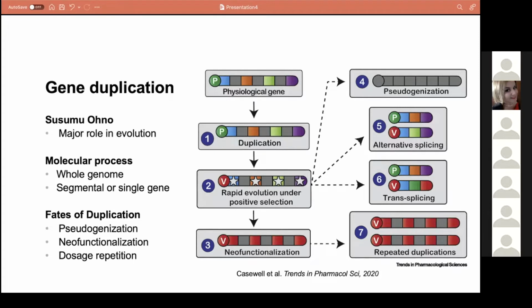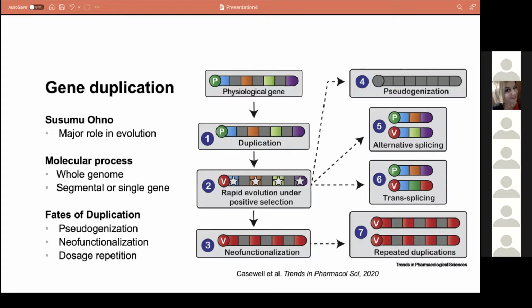So briefly, gene duplication is a molecular process that involves the copy and paste of a genomic region. And this genomic region can be either the entire genome, the entire chromosome, fragments of a chromosome, or even just a single gene or fragments of a single gene.